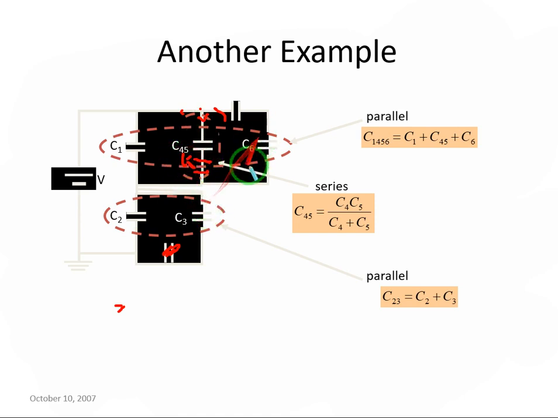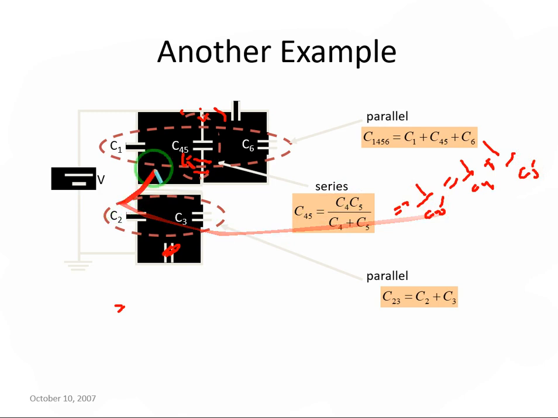Just keep in mind, this is your parallel combination now, but C4 and C5 are in series. So initially we need to find the series C45. You know the formula for C45: 1 divided by C4 plus 1 divided by C5, then flip it.